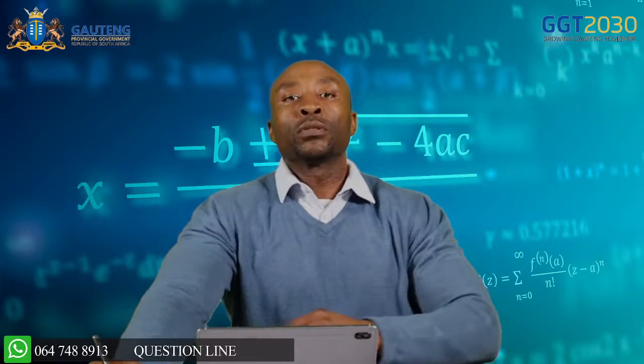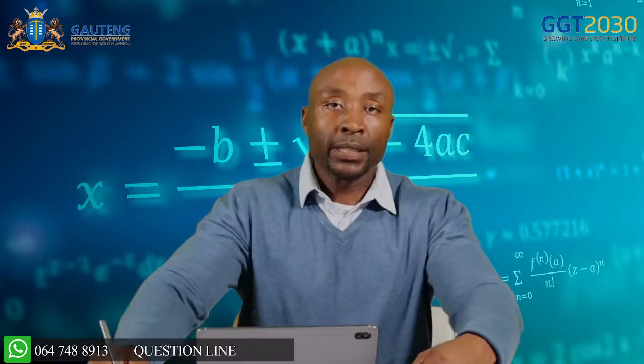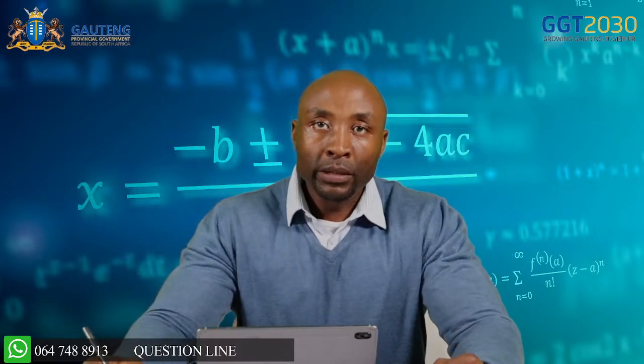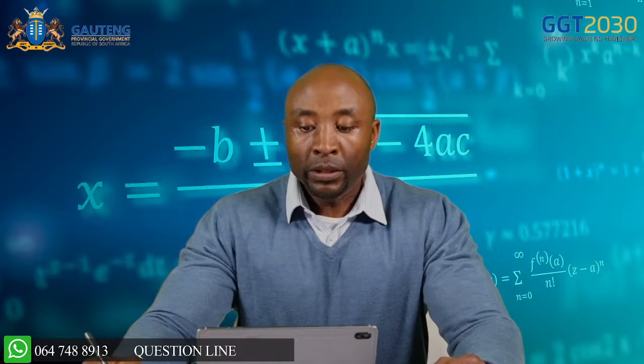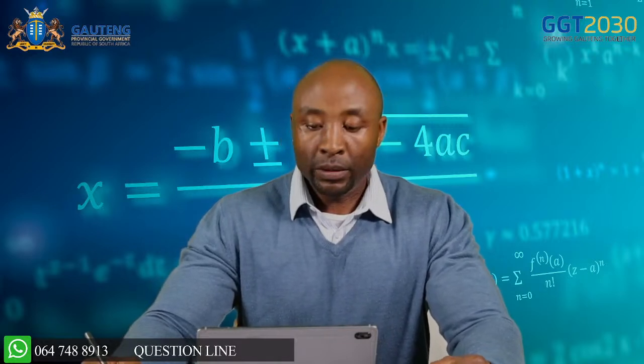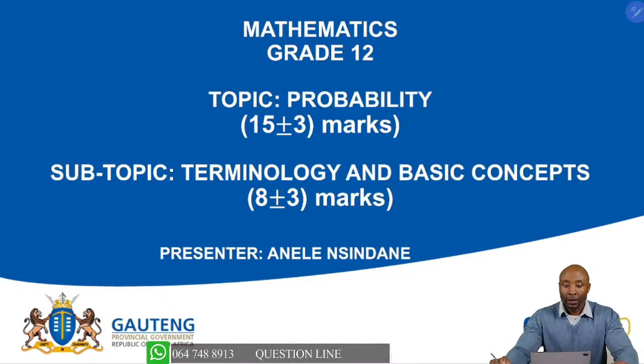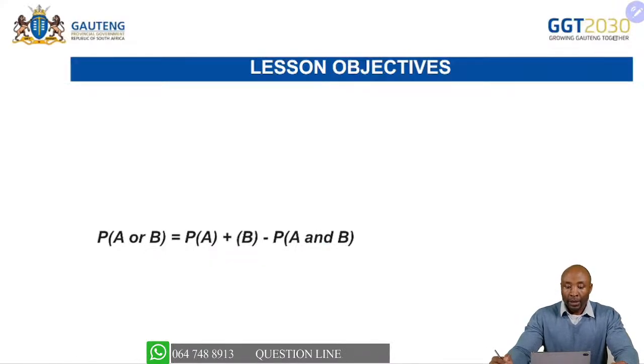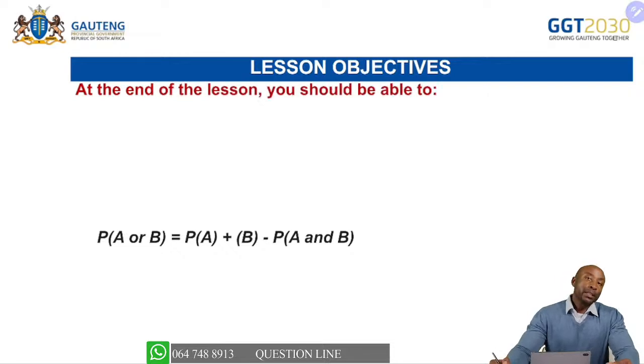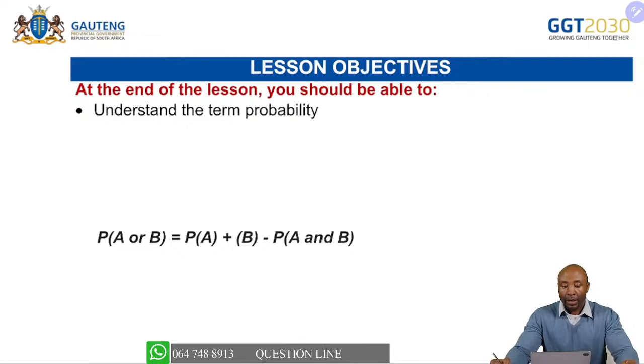Our lesson for today is probability, and we are going to look at the terminology and the basic concepts that are done in grade 10. At the end of the lesson, you should be able to understand the term probability.